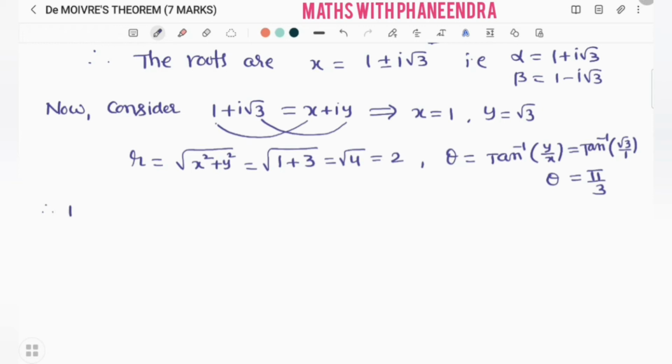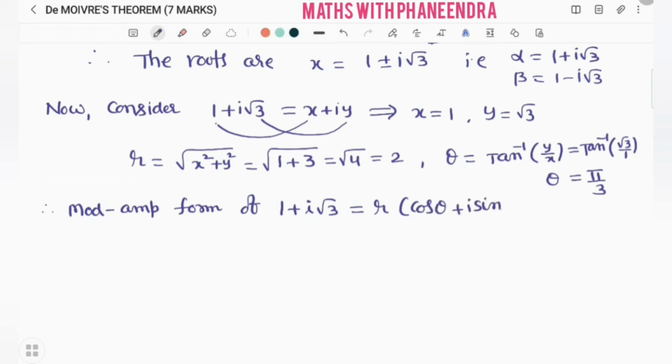Therefore, the modulus amplitude form of the complex number 1 plus i root 3 is equal to r into cos theta plus i sin theta. Theta value we got, r value we got. So, in polar form, r value is 2 into cos pi by 3 plus i sin pi by 3.